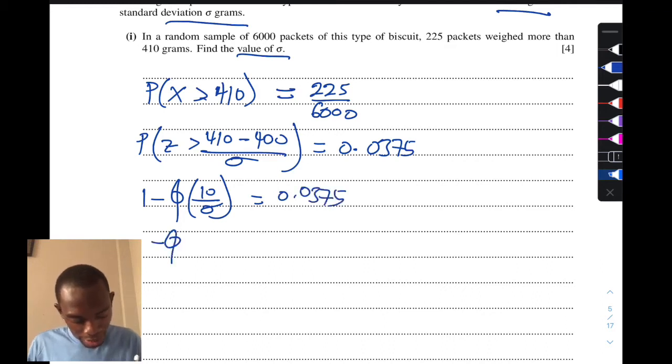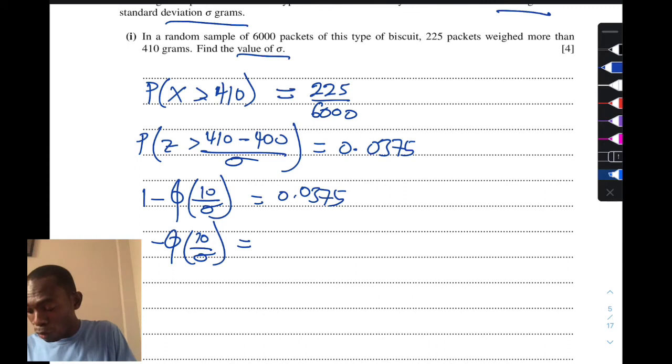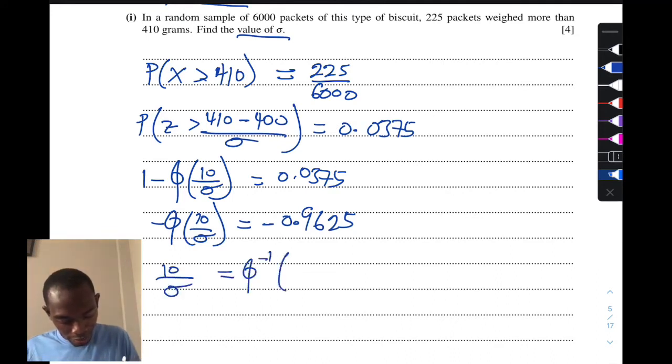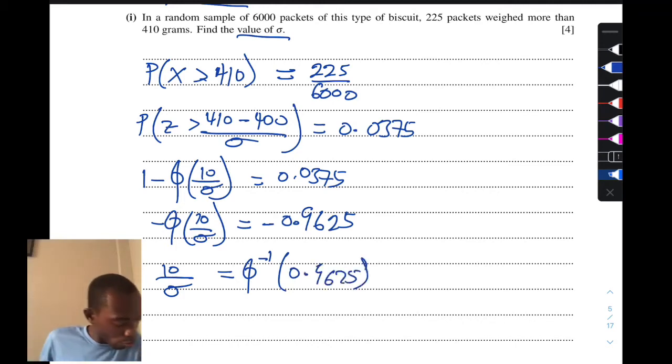So we have negative this, and sigma is equal to, so this answer minus 1 will give us negative 0.9625. The negatives will cancel out, therefore you have phi of 10 over sigma is equal to phi inverse of 0.9625.